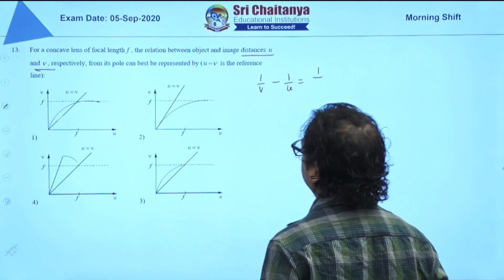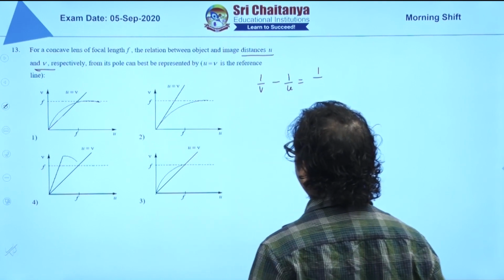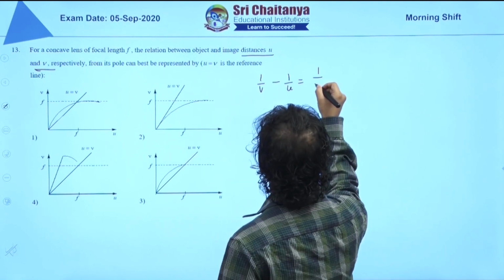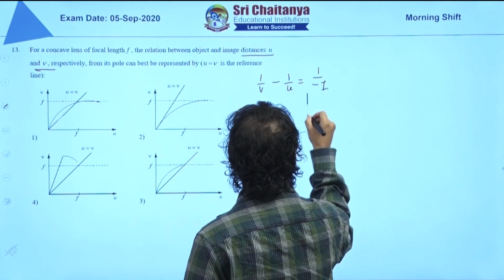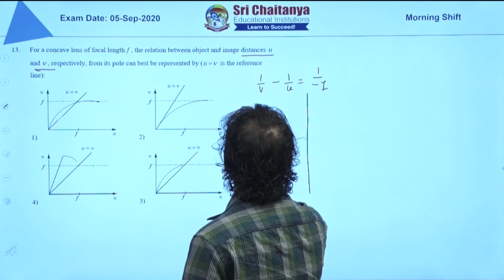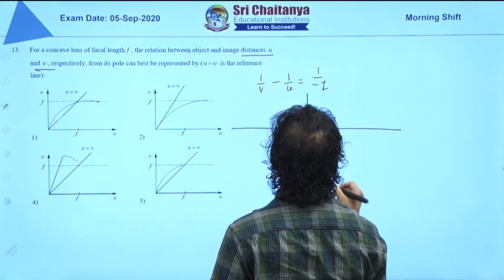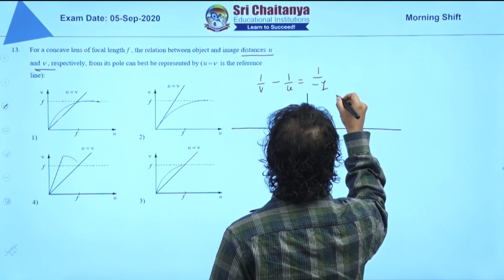So, what is f? Focal length, this is for a concave mirror, so we can take it to be negative. Now if you want to plot the graph, how will it be?